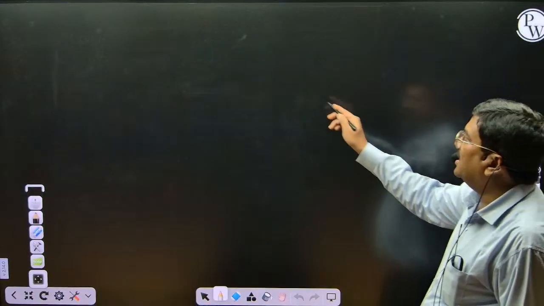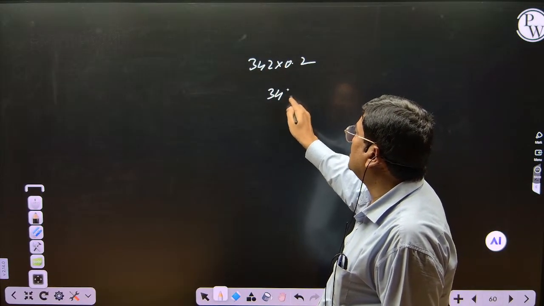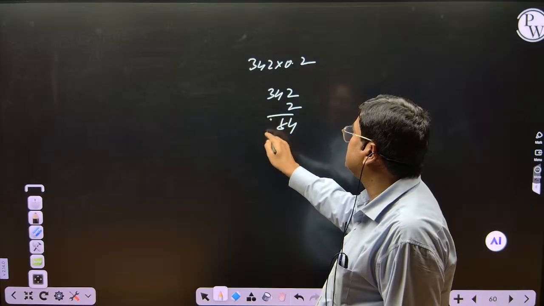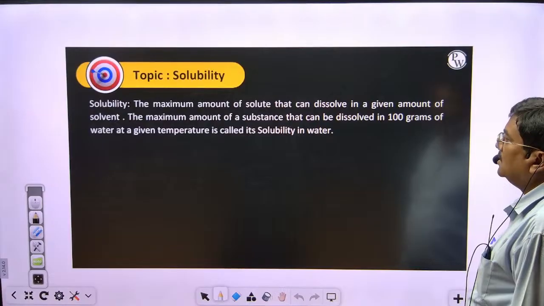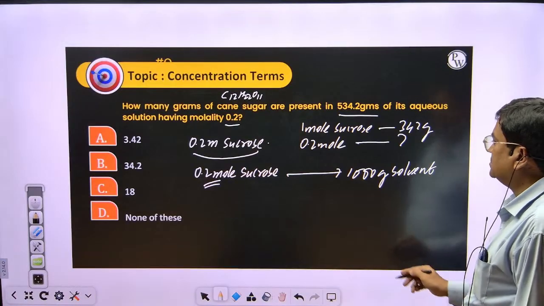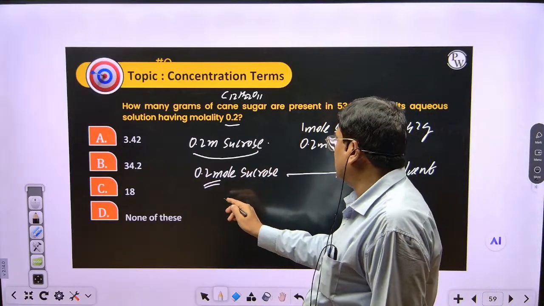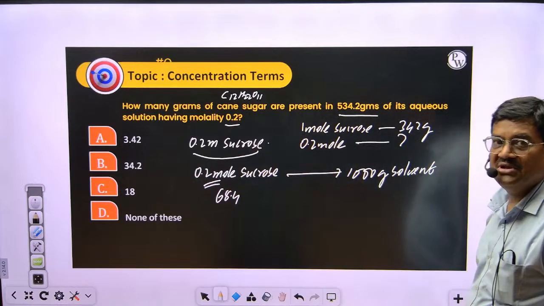How much do you get? Is it coming 68.4? 68.4 grams, no? That means 68.4 grams of sucrose is present in 1000 grams of solvent.